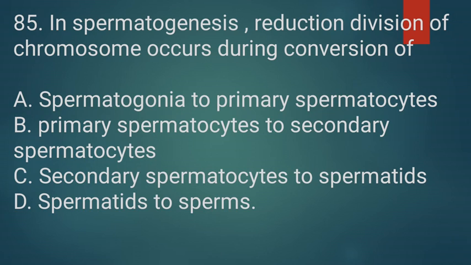Reduction division of chromosome occurs during conversion of primary spermatocytes to secondary spermatocytes. That is option B. That is the right answer. So here correct answer is option B.